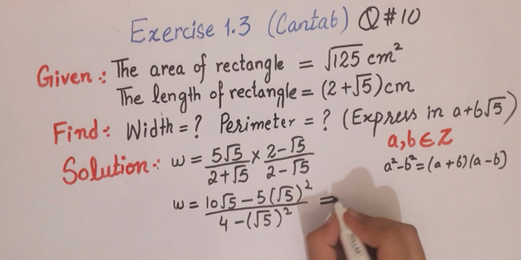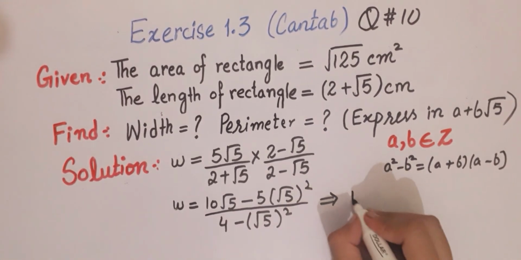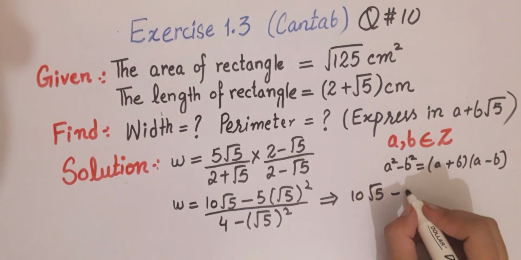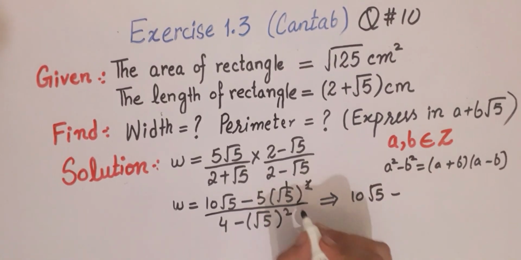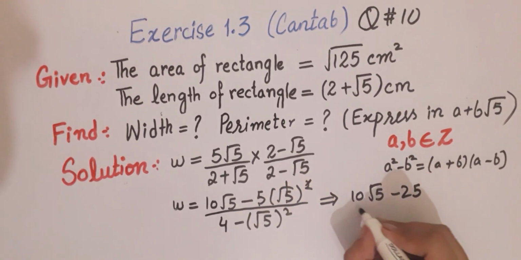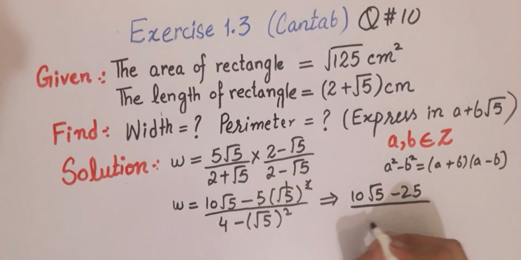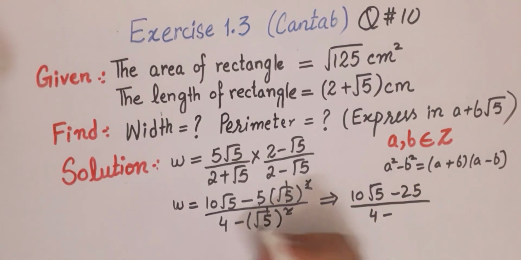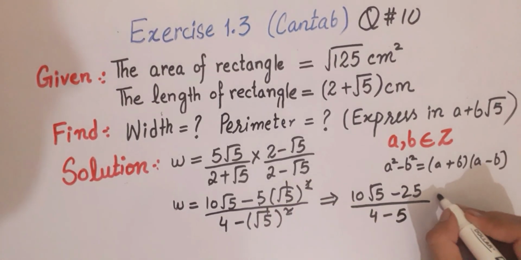So this will equal to 10 square root of 5 minus, this square will be cancelled by this square root. We have 5 multiply 5 is 25 by 4 minus, this square will be cancelled by this square root, and we have 4 minus 5.